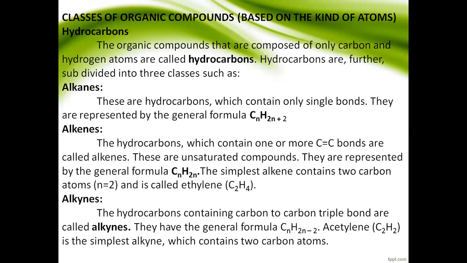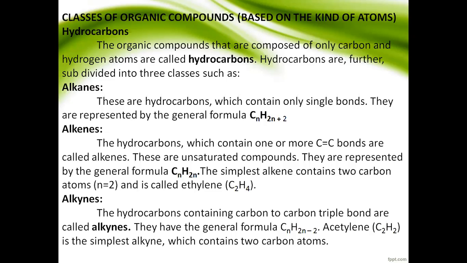Because this has one or more double bonds, we put n equal to 2, so C2H4. This is ethene, because 2 into n equal to 2 gives 4.